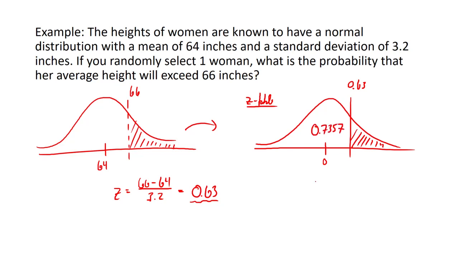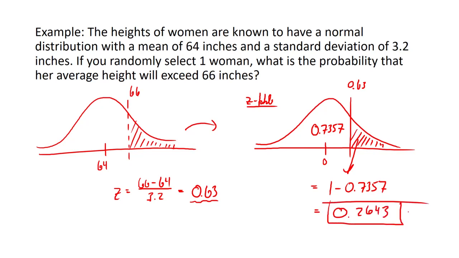Of course, we didn't want to know the probability of being below. We wanted to know the probability of being above. So what do we have to do? We'll just do 1 minus that. It's always 1 minus when you're doing a top-tail probability. So you do 1 minus that and get 0.2643. Okay. That was a module 6 problem. So that's just like what you guys had to turn in by yesterday.